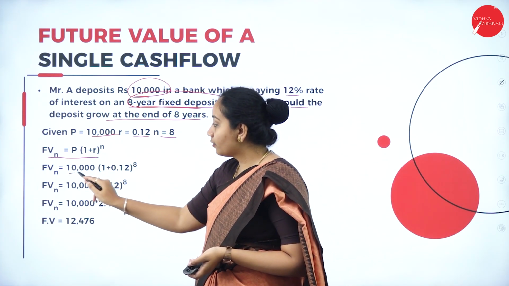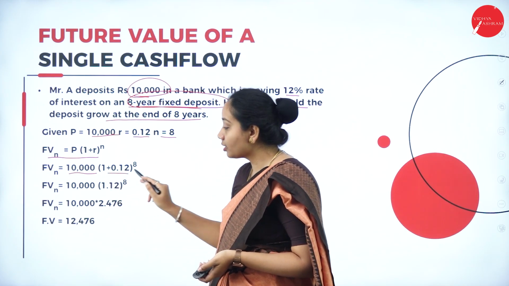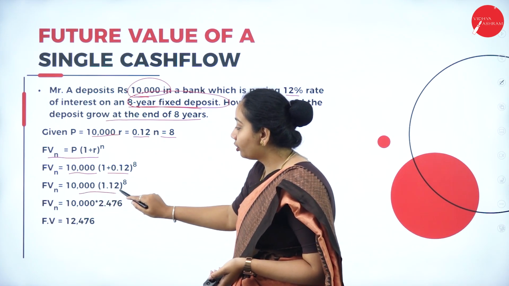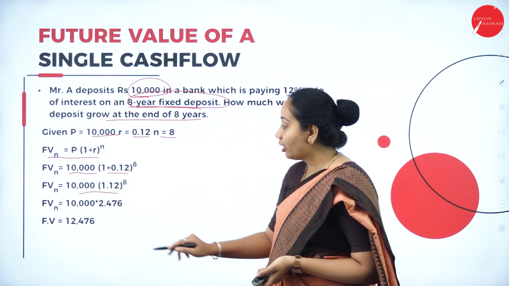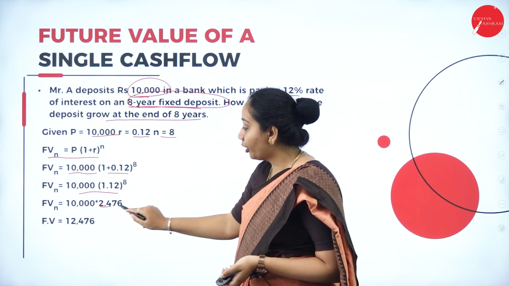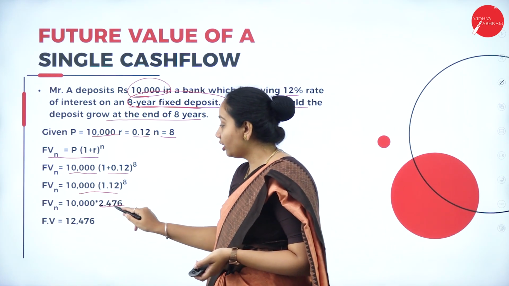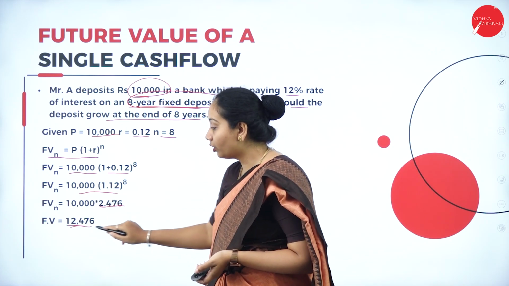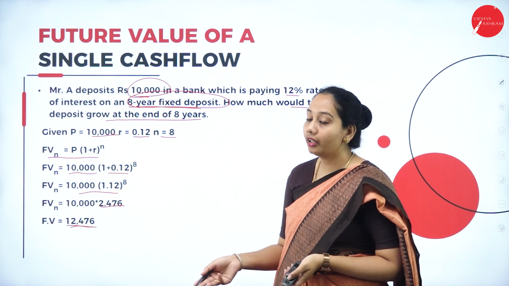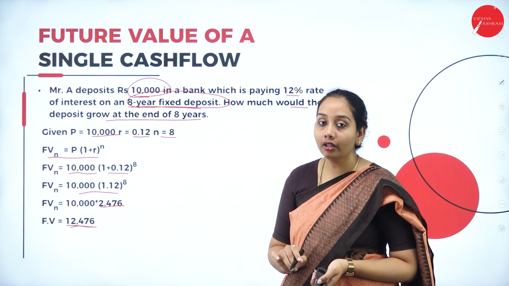So future value is equal to 10,000 into (1 plus 0.12) whole to the power of 8. So 10,000 into 1.12 whole to the power of 8. We'll get 1.12 whole to the power of 8 is 2.476. So 10,000 into 2.476, they are going to get 12,476 rupees after 8 years. So this is how you calculate the future value.